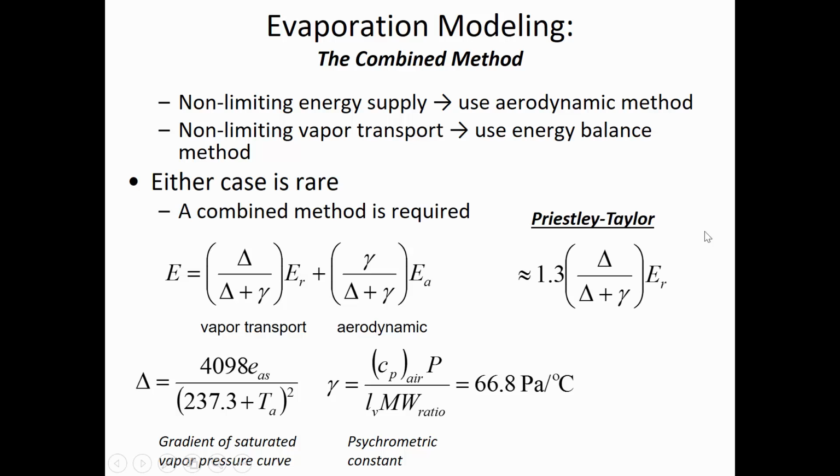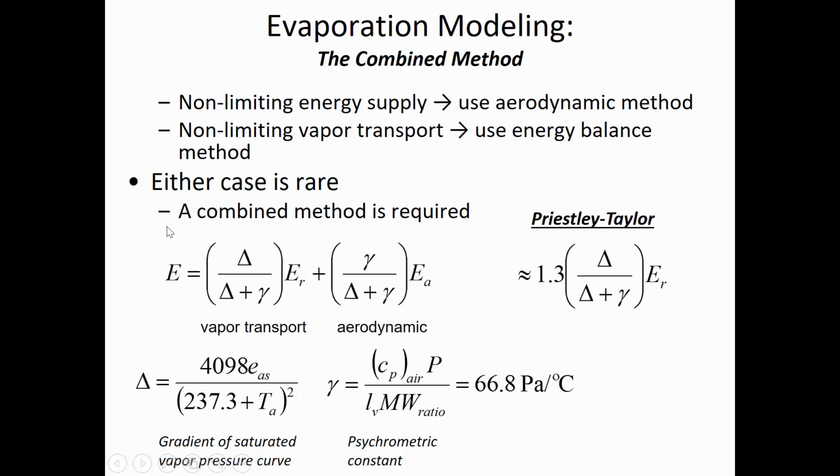But what most people do, instead of a full-blown analysis of the combined method, is just calculate the amount of evaporation due to the energy balance method. So E sub R was that first thing that we did, and then they say it's 1.3 times this empirical factor, delta divided by delta plus gamma times E sub R.